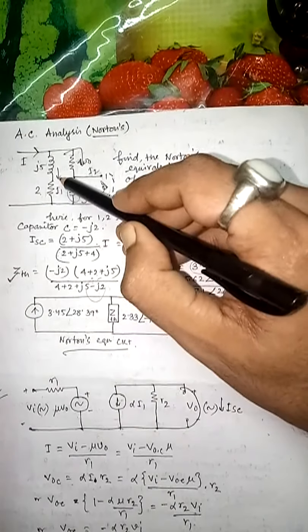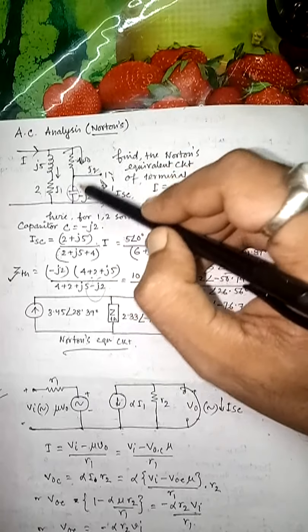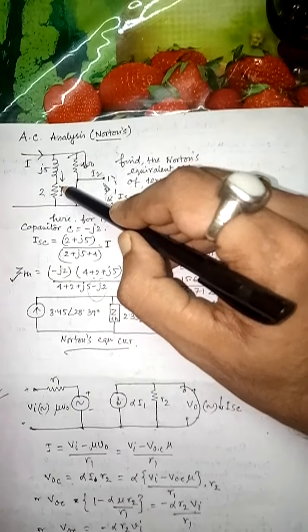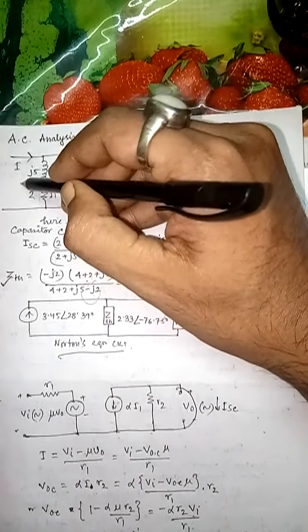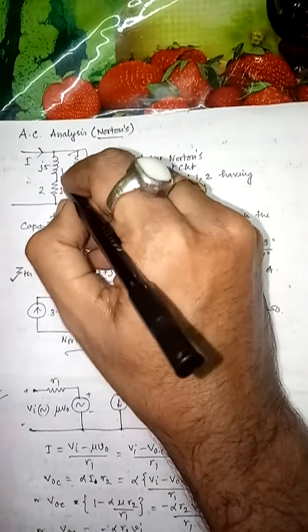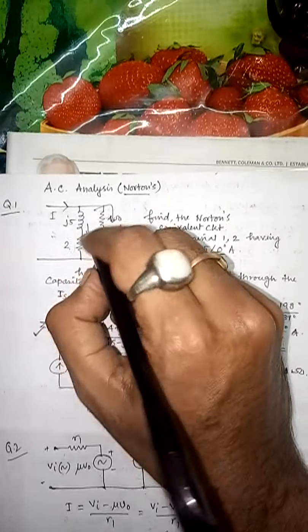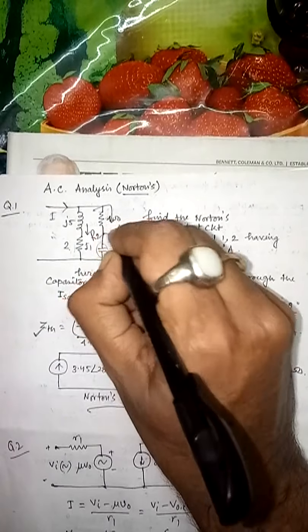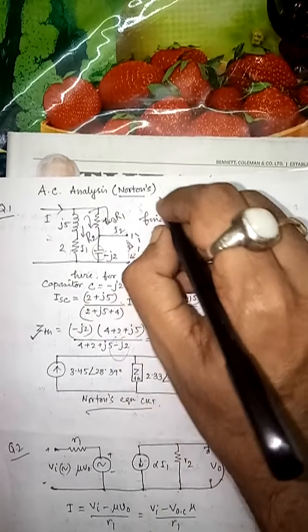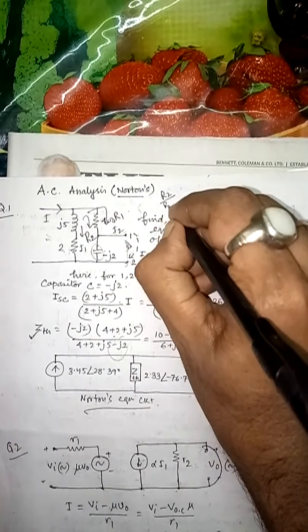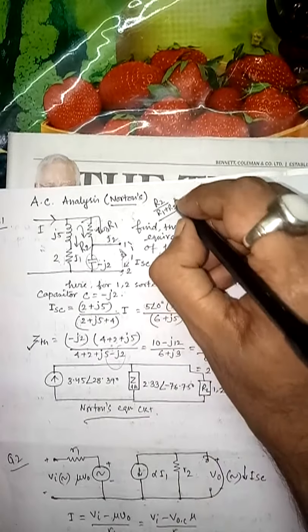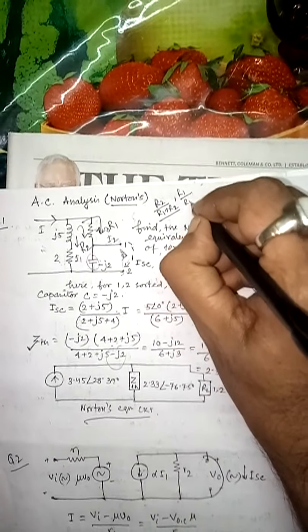If it is R1 and R2, the current of this branch is R2 by R1 plus R2, and for the other branch it's just the reverse, R1 by R1 plus R2.